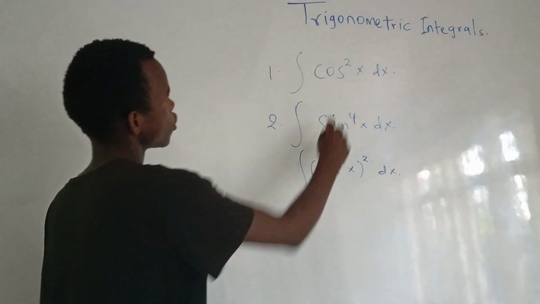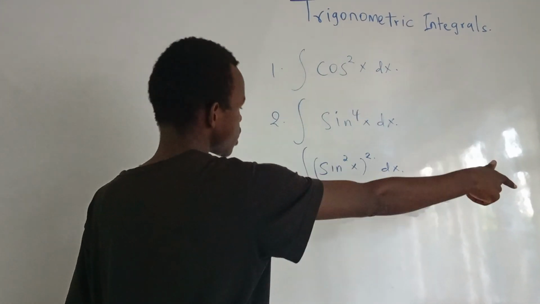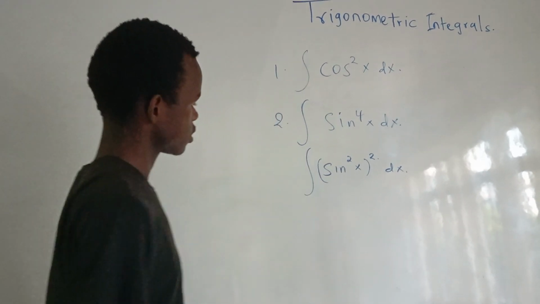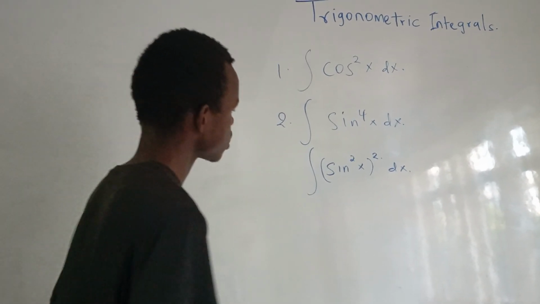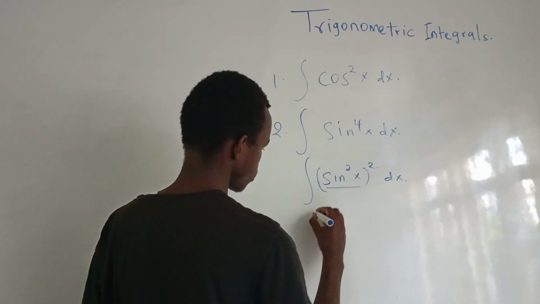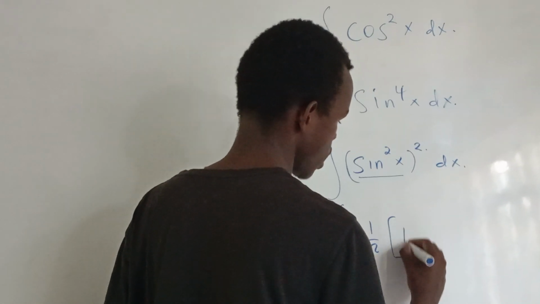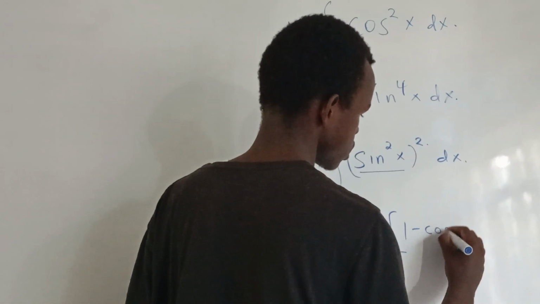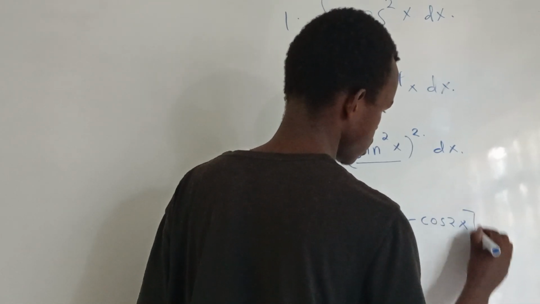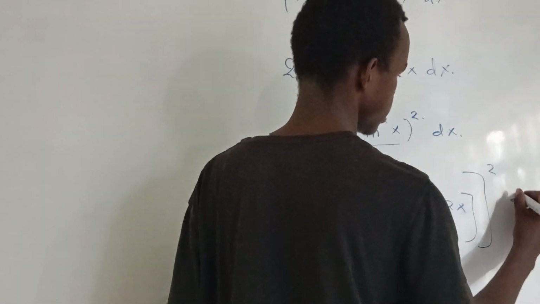Okay. So for this, it's just the same procedure. I replace this with the reduction formula and operate. We've said we're replacing sine squared of x with the power reduction formula. So I'll get the integral of a half into 1 minus cos 2x, then all this thing has been squared, dx.